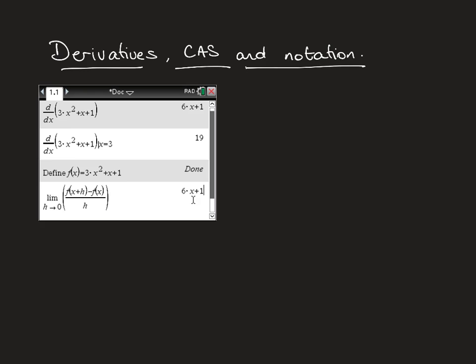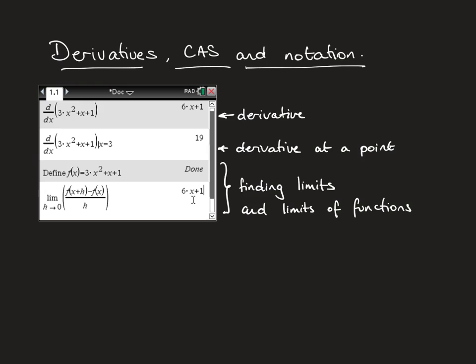The final thing to talk about is derivatives, CAS, and the notation that you use in your SACs and in your exams. So I've got a screenshot from the TI Inspire, and I've got different ways of finding the derivative and the limit here. So the first one finds the derivative.